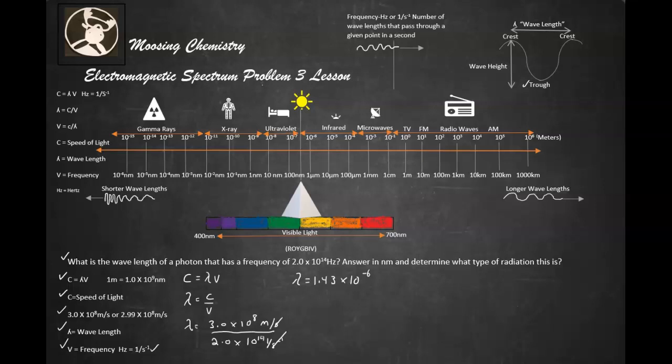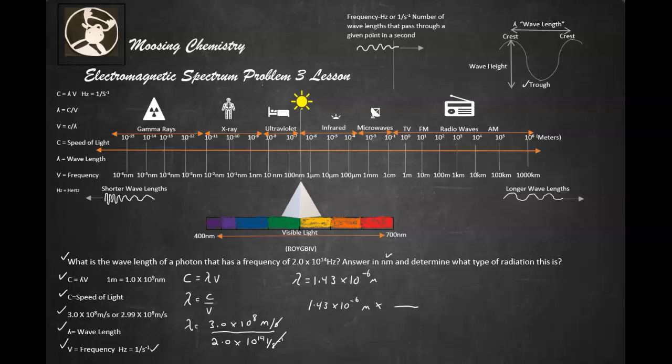Pretty darn snarly, eh? But we didn't want it in meters, we wanted it in nanometers. So we've got to convert meters into nanometers now. So we take 1.43 times 10 to the negative 6 meters, and we're going to convert this into nanometers.